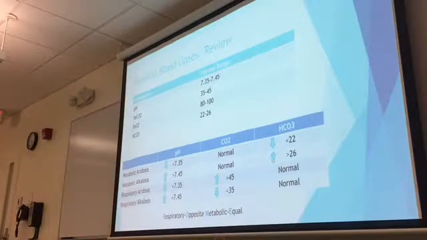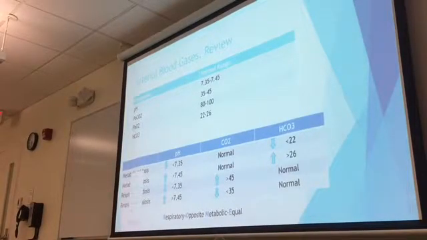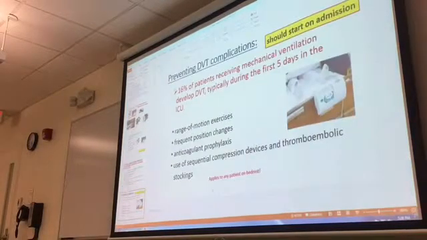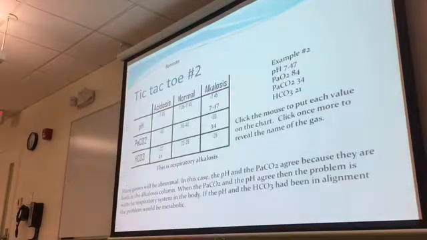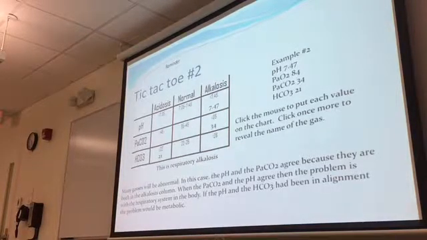So, do you remember the tic-tac-toe thing that you did before? Okay, I put one in here just to help you out. So when you look at this, below 7.35 is acidotic, 7.35 to 7.45 normal, alkalotic more than 7.45. So my pH is 7.47, so it goes under the alkalotic setting, right?